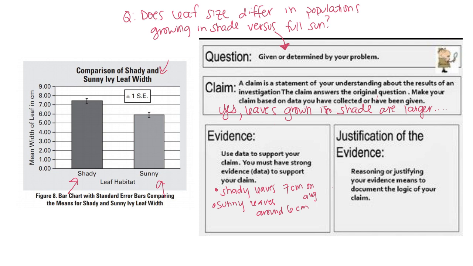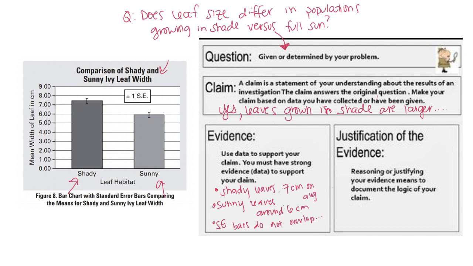You would also want to add in your stats. So you know that those two are different, that this is significantly different statistically because the standard error bars do not overlap. And then you're going to describe what that means. Let's see, is there anything else? Nope, that is basically our evidence for this one based off of our experiment.